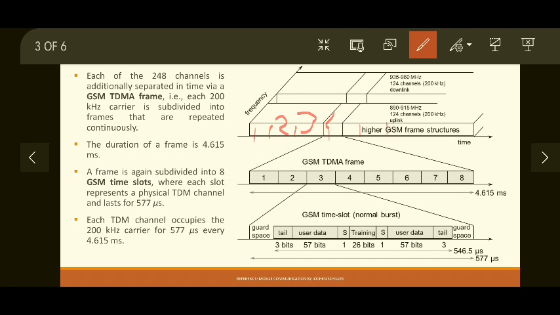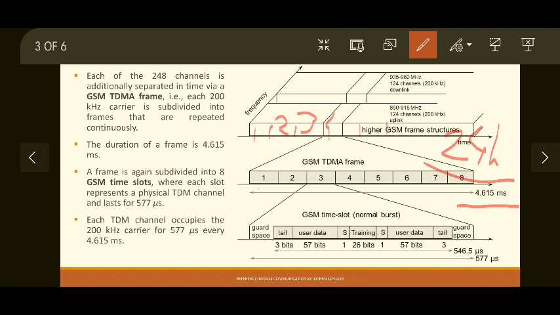Within a frame there are 8 time slots, 1 to 8, which are available for user data transmission. A frame has a duration of 4.615 milliseconds, so 24 hours divided by 4.615 milliseconds gives the number of frames available throughout the day.